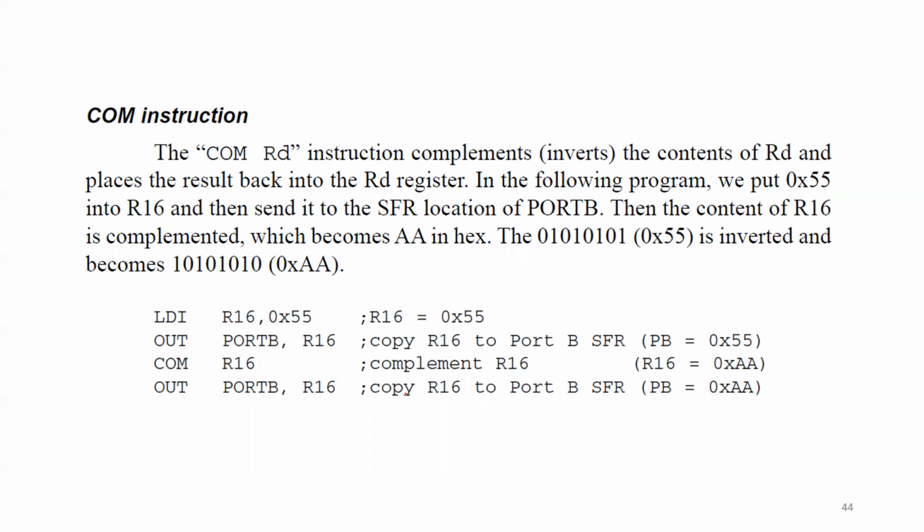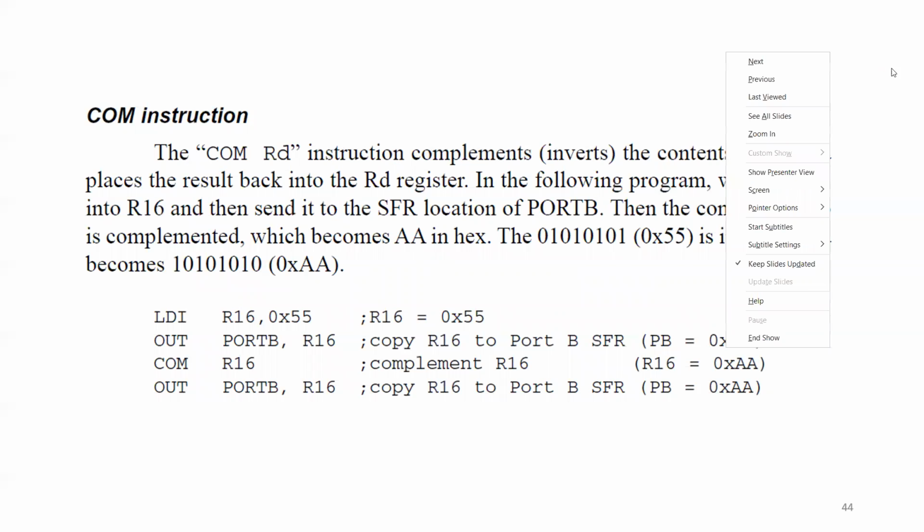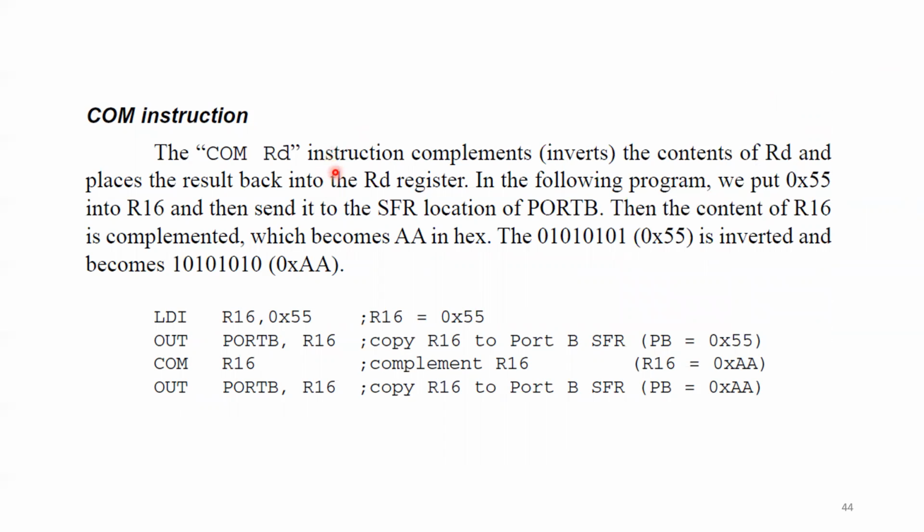COM, or complement, is another instruction. We use it a lot in our programs. So the instruction COM for register RD means complement, or invert, the contents of register RD, into the register RD as well.